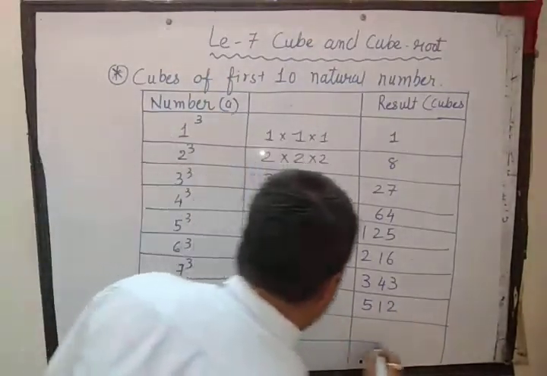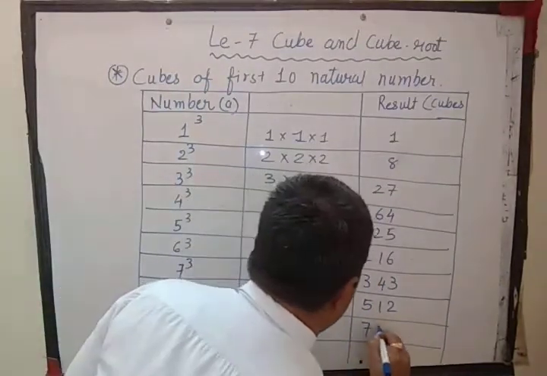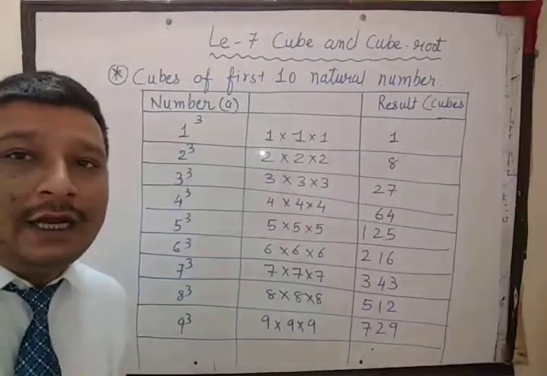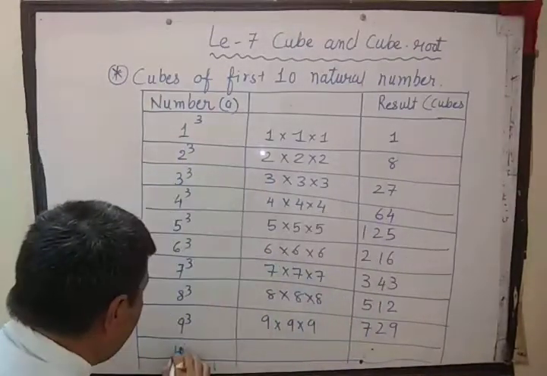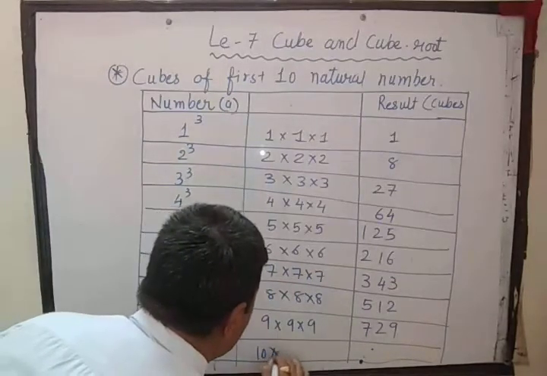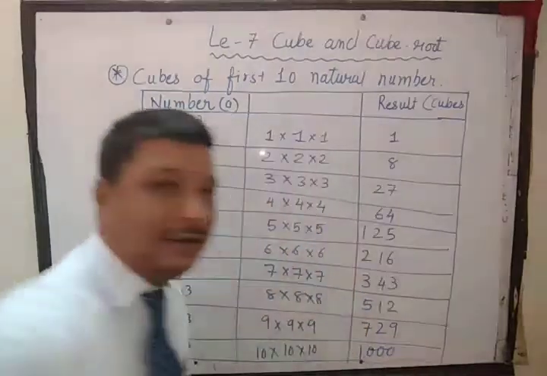And 9 into 9 into 9 is 729. We can take 10 also. 10 cube means 10 into 10 into 10, that will be 1000.